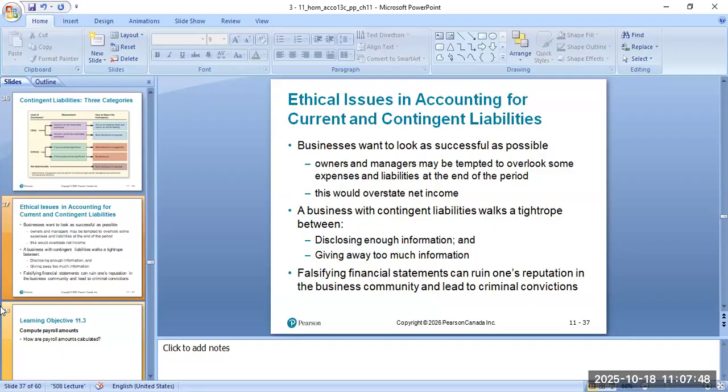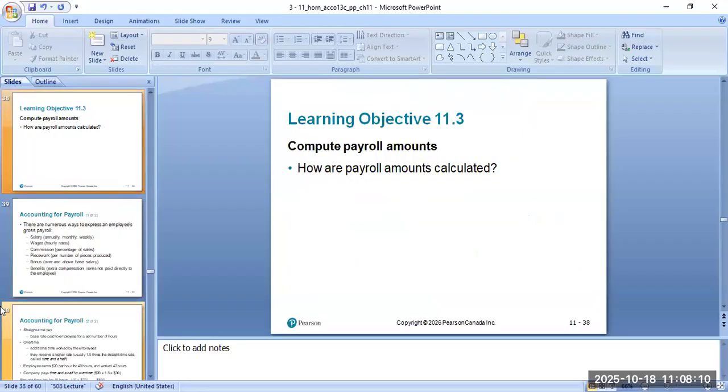If we're not recording the expense, again, the income goes up. So you can see, based on what the management wants, there are some options for the accountants, but that creates an ethical problem. Is that ethical? And how can we deal with these ethical issues?